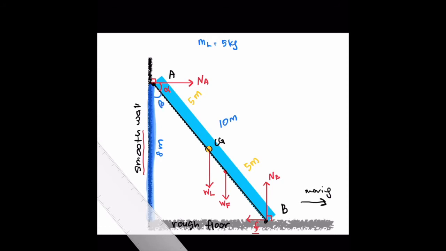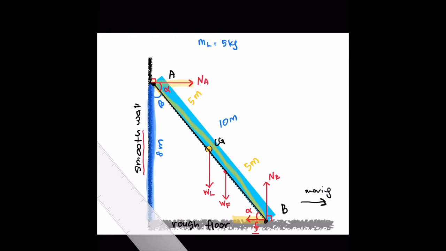Then we need to find the alpha and beta angles. As you can see, this alpha angle is the same as this angle, which is here also alpha.